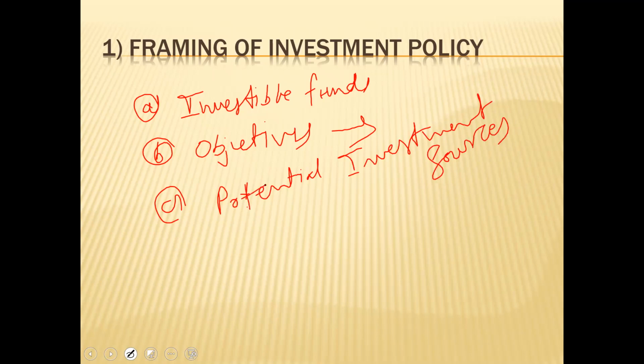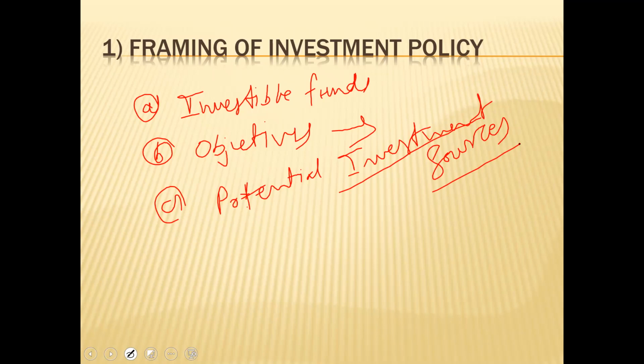Now, what are these potential investment sources? You have decided how much amount you are going to invest and what is the purpose of investment. Third one, you are going to identify the different sources of investment. Is it clear? Identifying the potential investment sources or the different sources of investment.